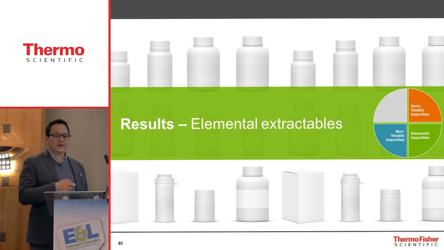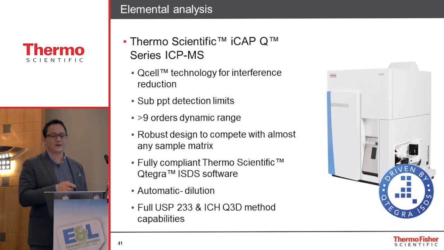So then what we did is we took a look at the elemental analysis, so the metals within the same samples. We took the samples and analyzed them by quadrupole-based ICP-MS. So this is our Thermo Scientific iCAP Q series ICP-MS instrument.